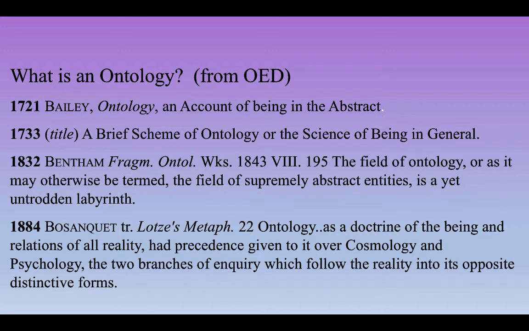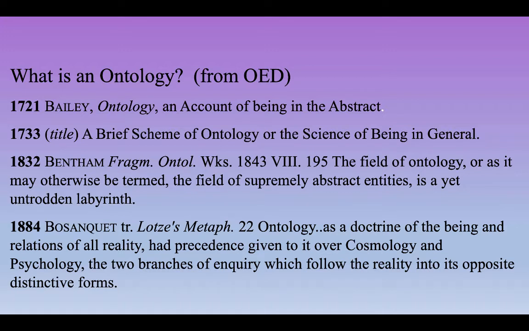In 1832, we had Bentham working in this field. The field of ontology, or as it may otherwise be termed, the field of supremely abstract entities, is a yet untrodden labyrinth. Wonderful bit of turn of phrase there.